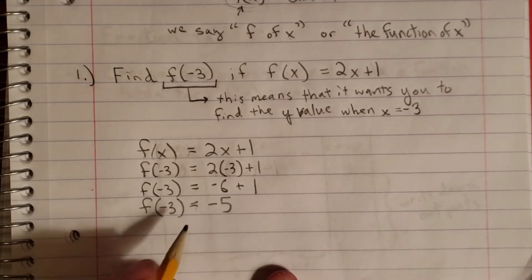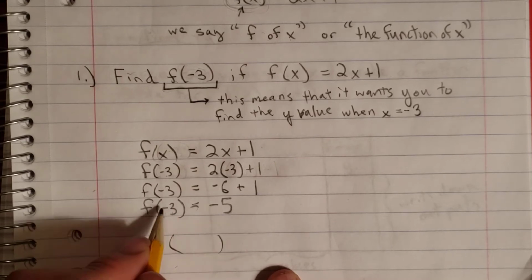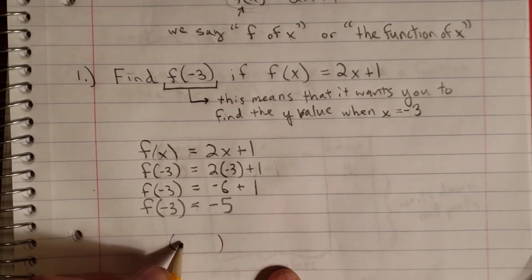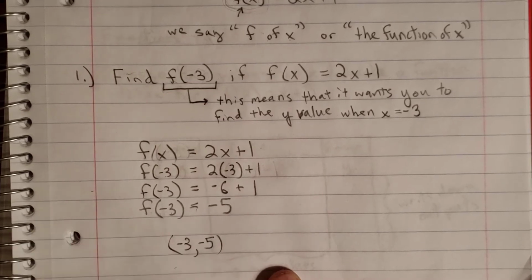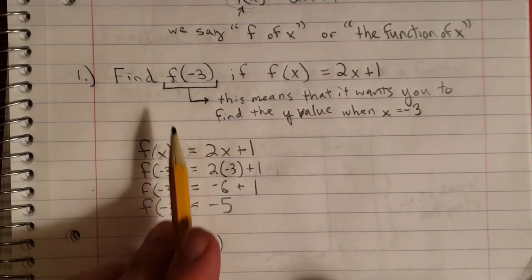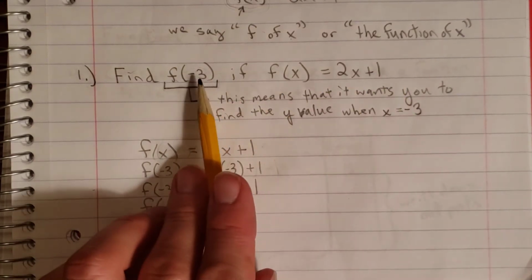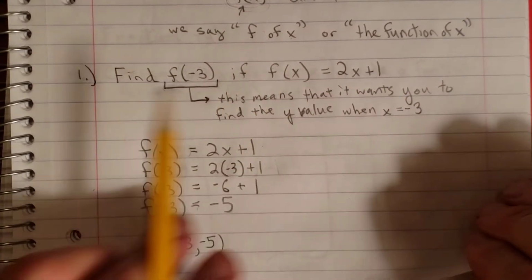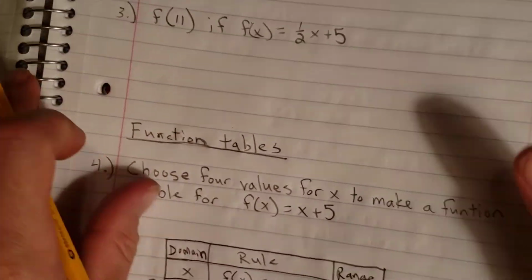If we were writing it like we did last lesson, as ordered pairs, when we plug in a negative 3, we get a negative 5 out. So this is what it's asking you to do. It's asking you to plug in a negative 3 and see what you get out once you put it in the equation. All right, let's do a couple examples.